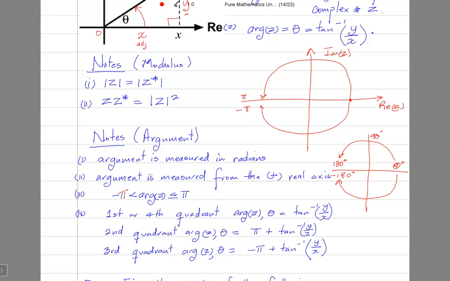If you go in a clockwise direction, the angle is viewed as negative. That is in degrees, but in radians, it's from 0 to positive pi and from 0 to negative pi. And 180 degrees is equal to pi radians.